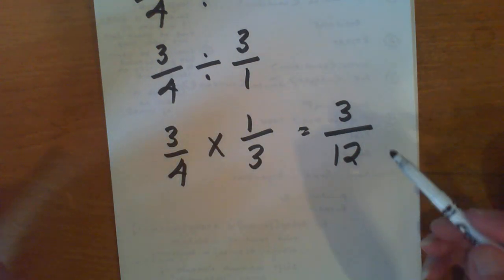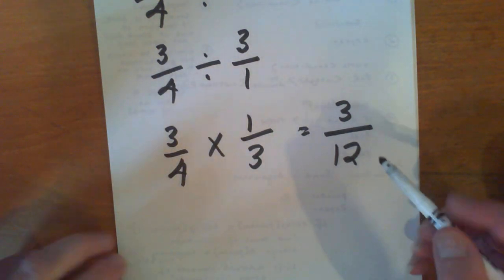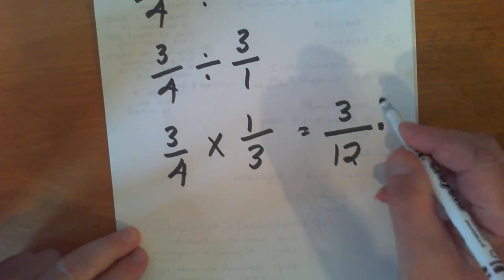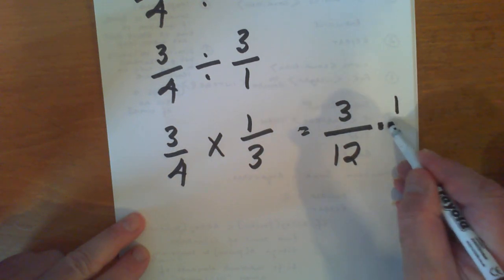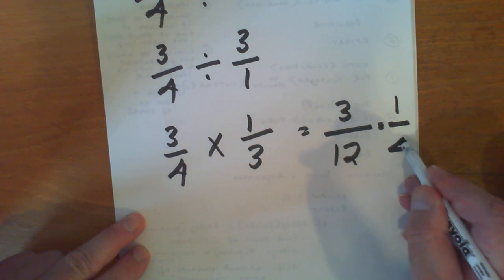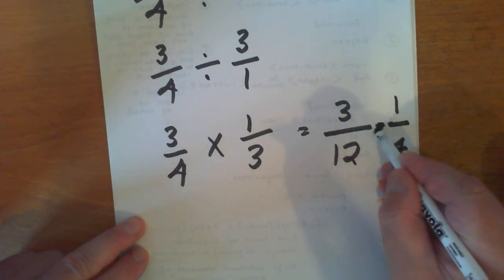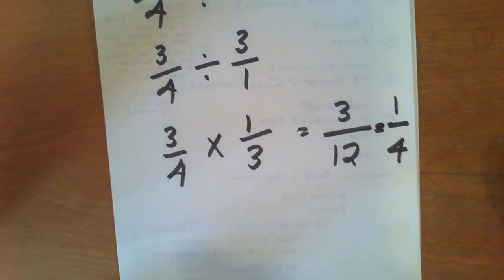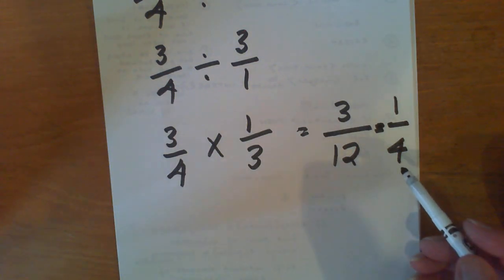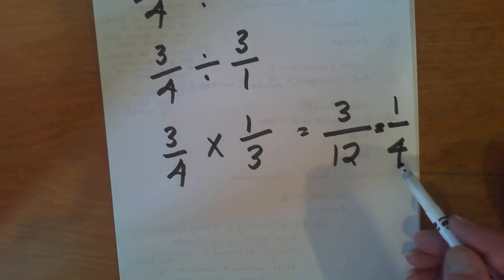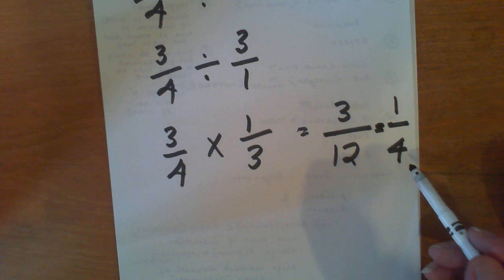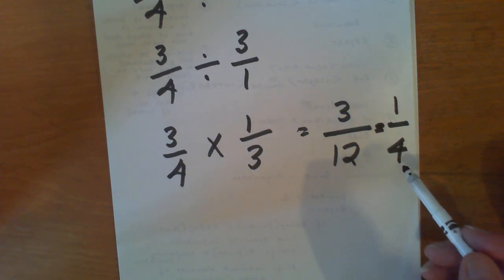I can divide the top and bottom by 3, for example. If I divide the top by 3, that'll give me 1, and if I divide the bottom by 3, that'll give me 4. So that is equal to a quarter, and that would be the expected answer rather than this one. You always give the answer to a fractional operation in its lowest terms.